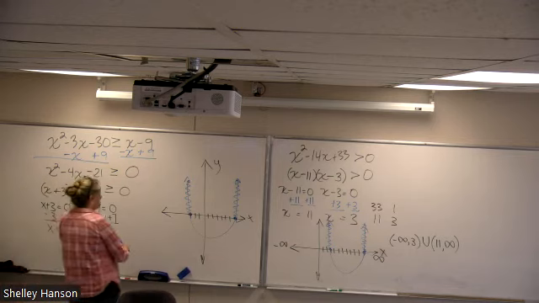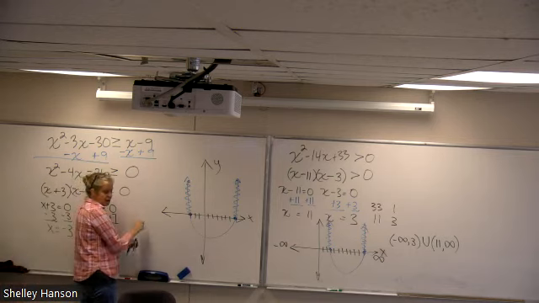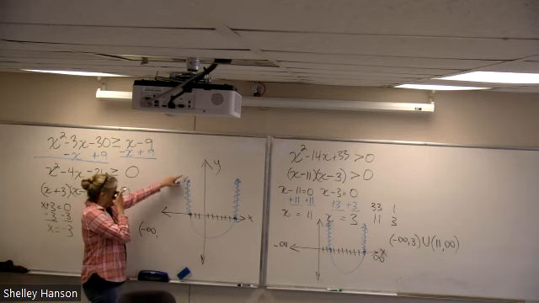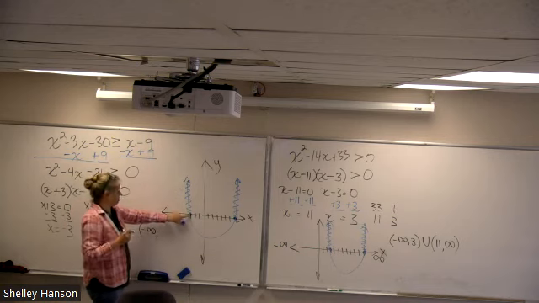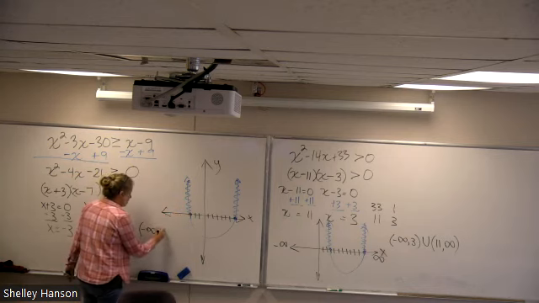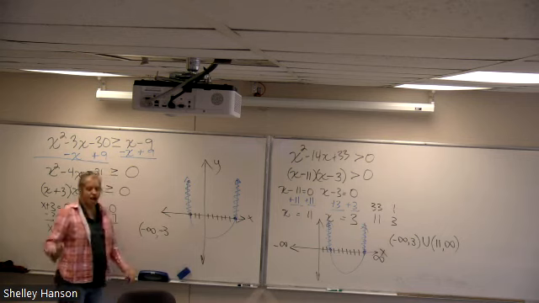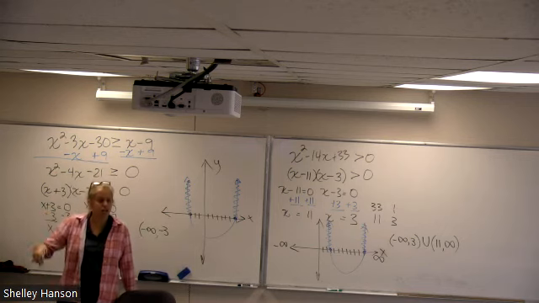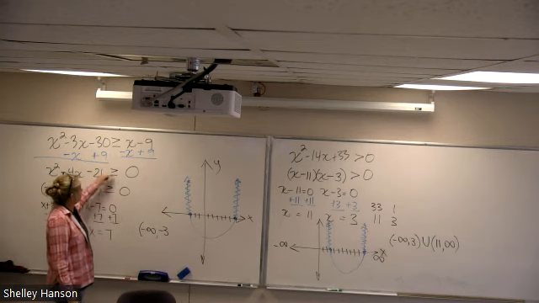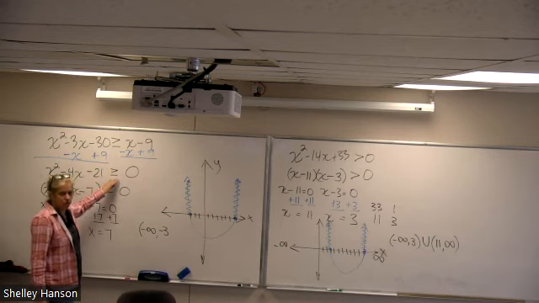So it starts being above all the way at negative infinity. Above, until right here, which is negative 3. Now is when you're going to want to include that negative 3, right? Because it wants to know where is it above and equal.